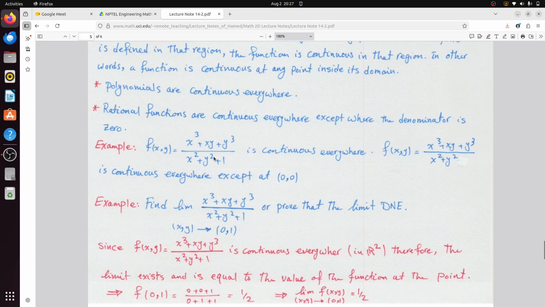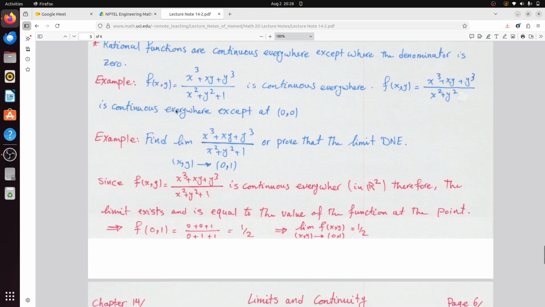So f(x,y) equal to x cube plus xy plus y cube. To prove the limit exists, you need to show f(x,y) equal to x cube plus xy plus y cube is continuous everywhere in R2, therefore the limit exists and is equal to the value of the function at the point.